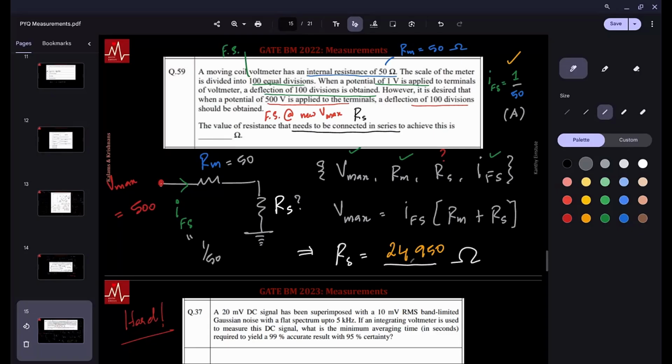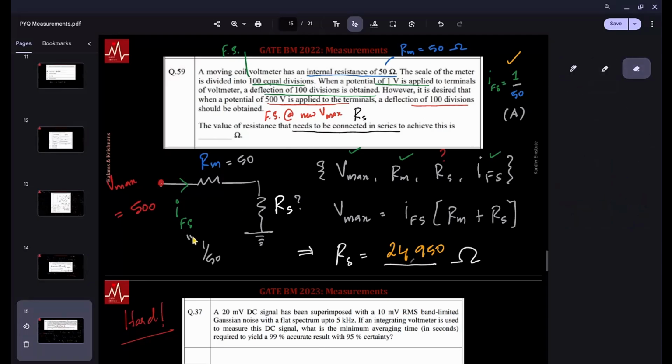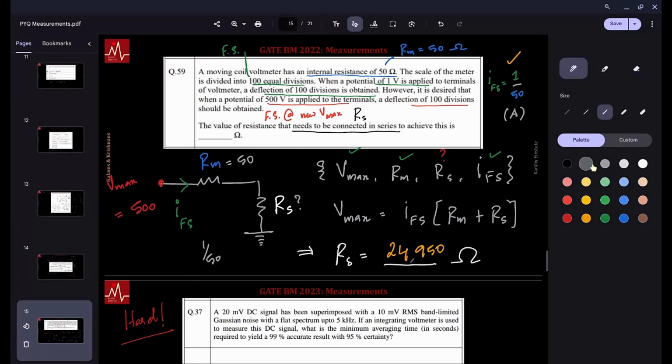So there is a question on measuring voltmeter. So 500 into 50, 25,000 minus 50, right?